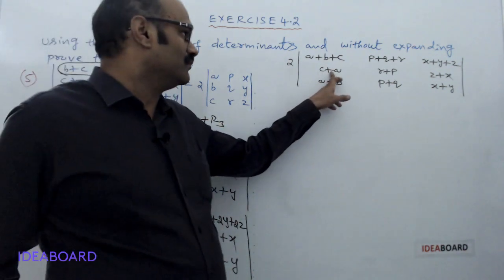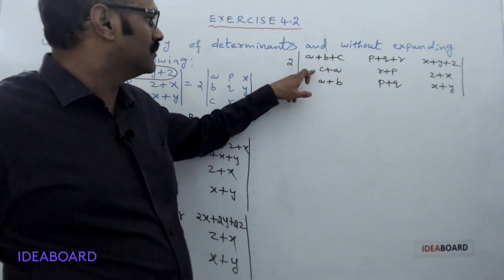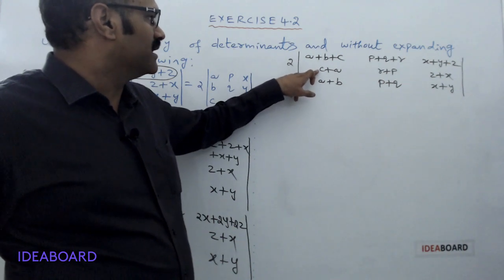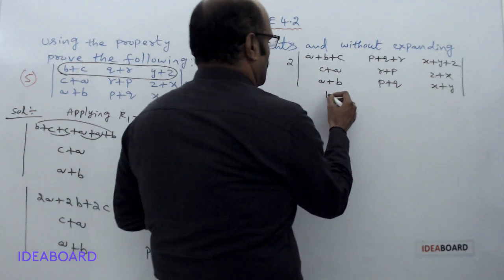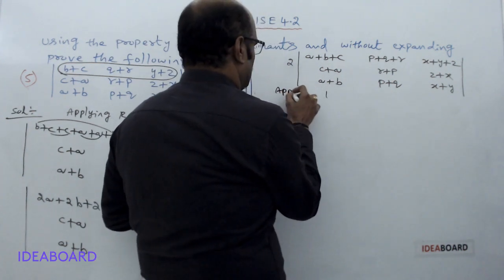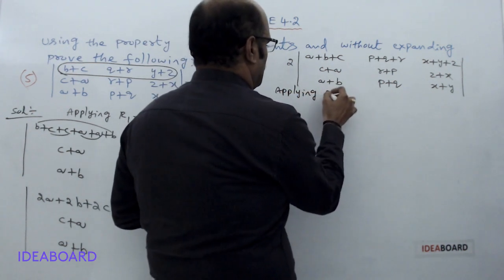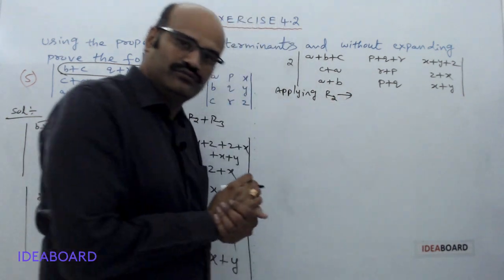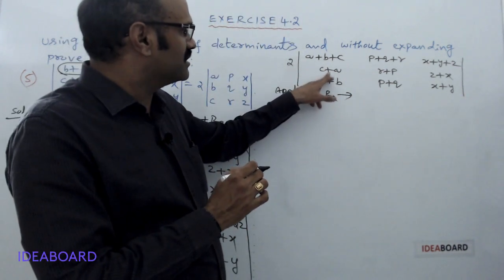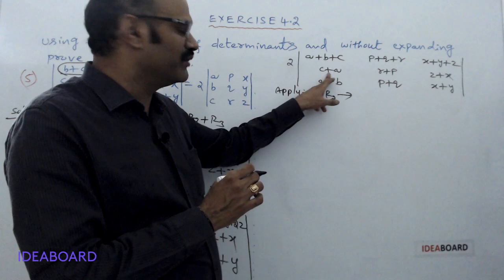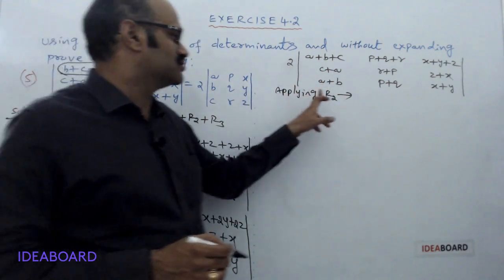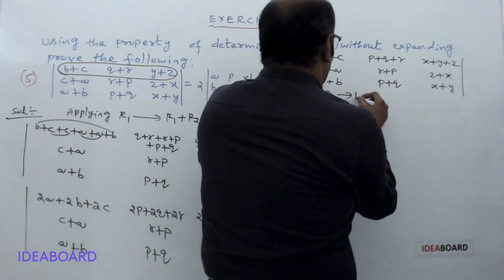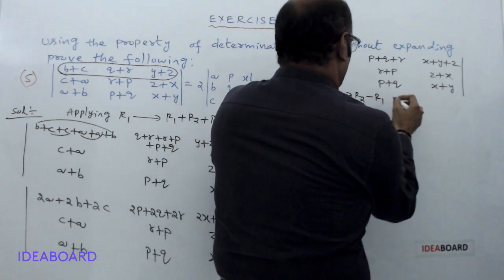Now we take R2 implies R2 minus R1. Applying R2 changes to R2 minus R1, then we get only one element here. We have to get only one element here. So R2 implies R2 minus R1.